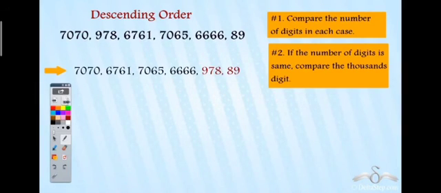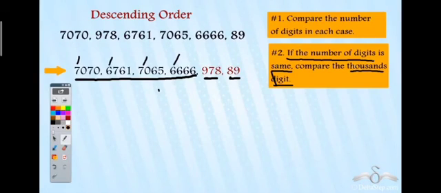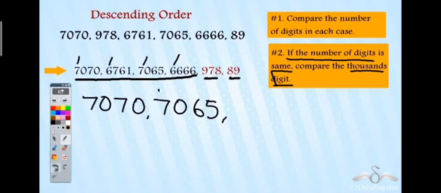Now two numbers are having 7 at thousands place and two numbers are having 6 at thousands place. 7 is greater than 6. So both the numbers that are having 7 at thousands place will be greater than the other two numbers, right? So I have written these two numbers first.